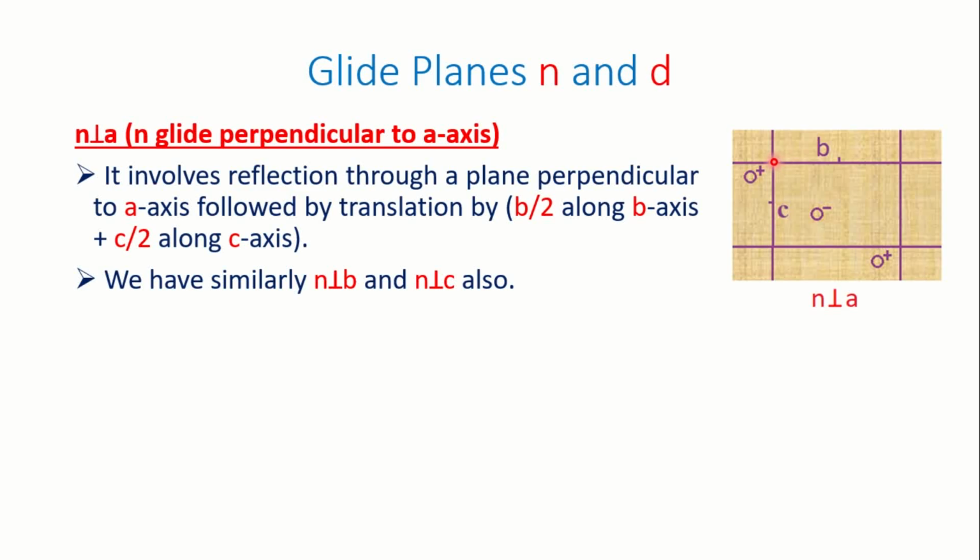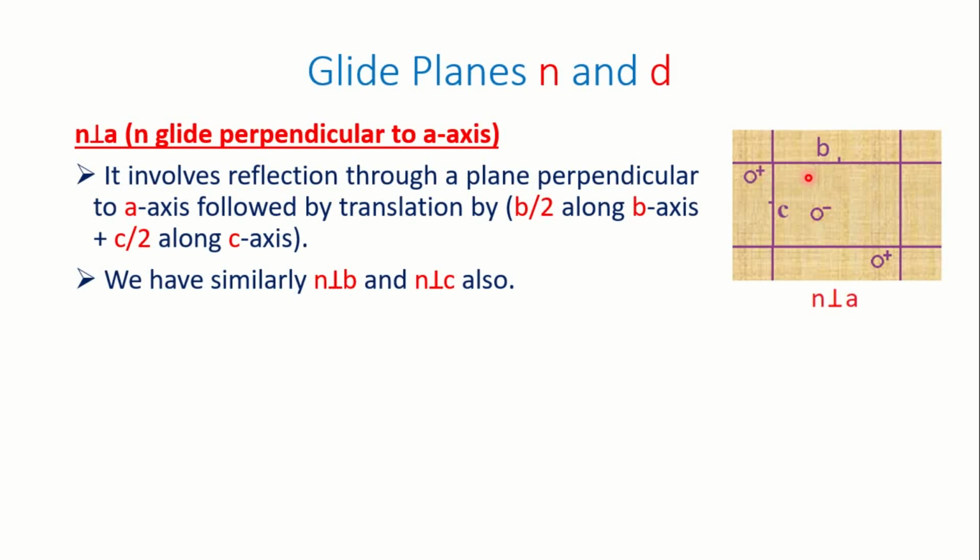Okay, so the axis is here on this point and it is perpendicular to the plane of the paper. So this O plus, if it is reflected through the A plane, then it becomes O minus. Now glide this, that means you have to translate this O minus along B axis by half unit and along C axis by half unit.